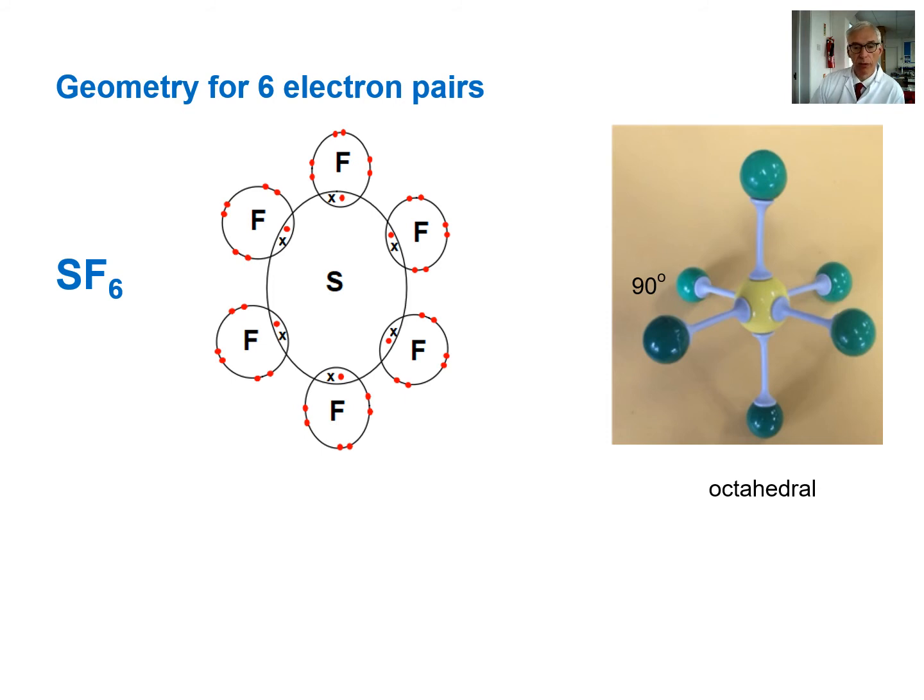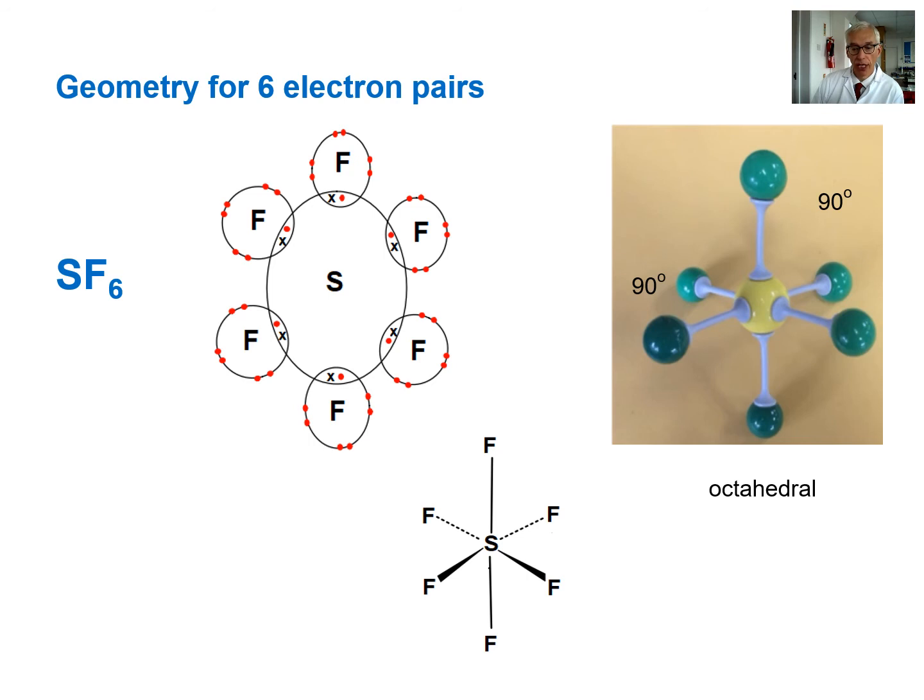So how would we represent that using the technique of the previous slide? Well, we see here that we've got 2 bonds going out behind the page and 2 sulfur fluorine bonds coming out in front of the page, and 2 sulfur fluorine bonds on the plane of the page.